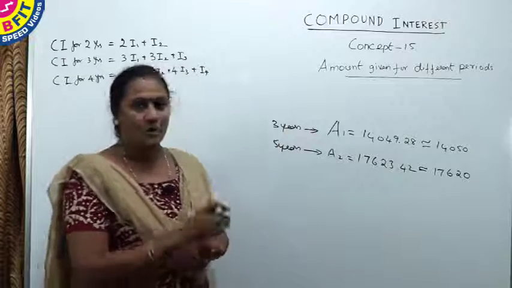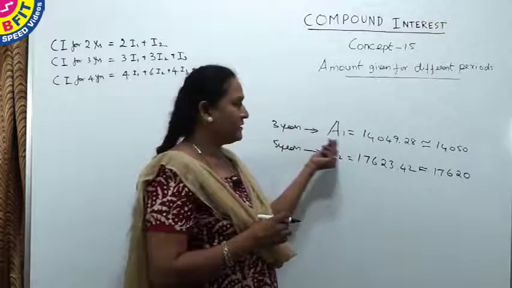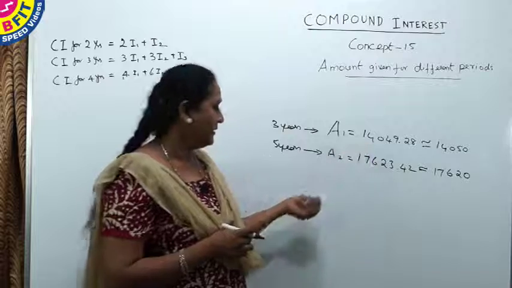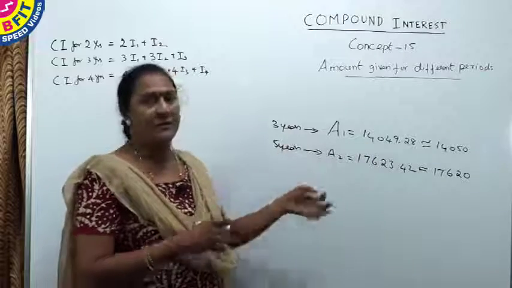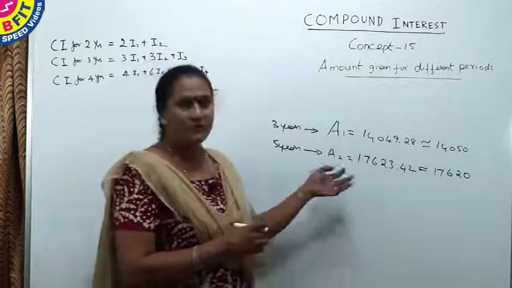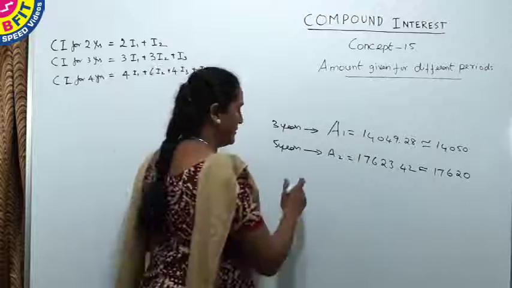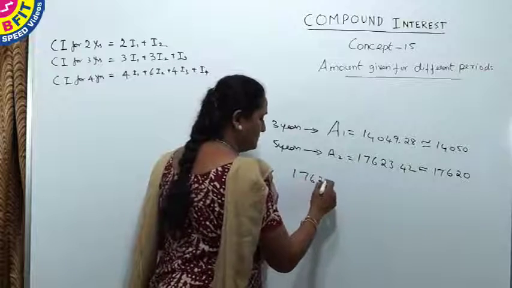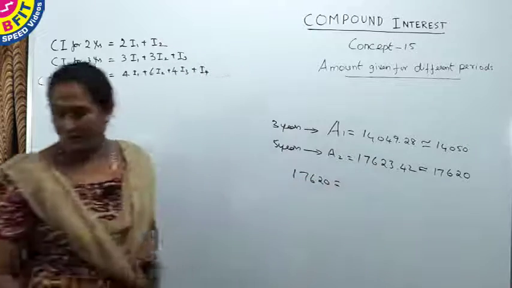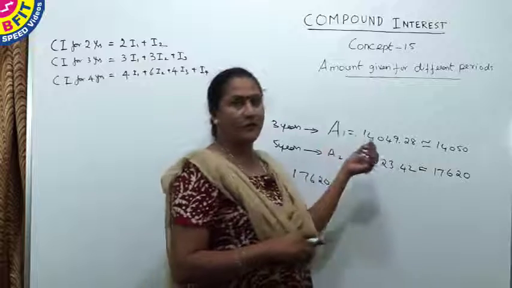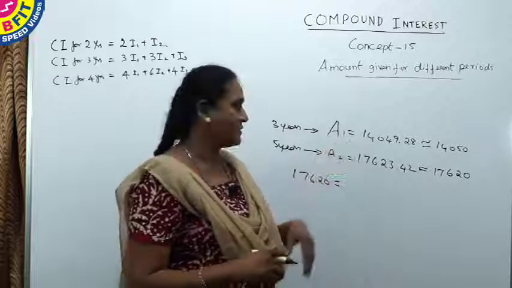And now in this compound interest, we can take this 3 years amount as the principal for the 5 years amount. And the amount for 3 years will be the principal for the next period.